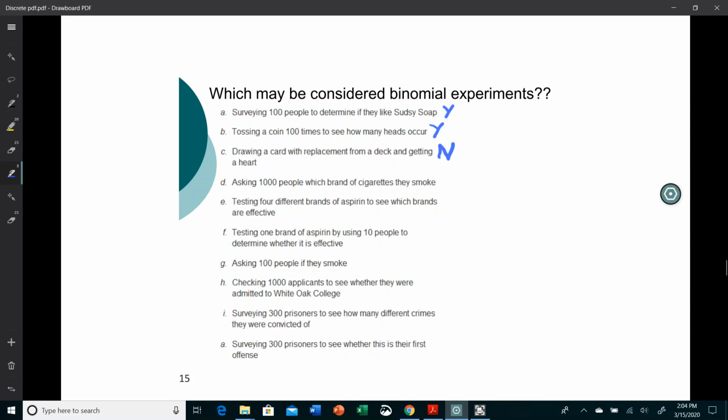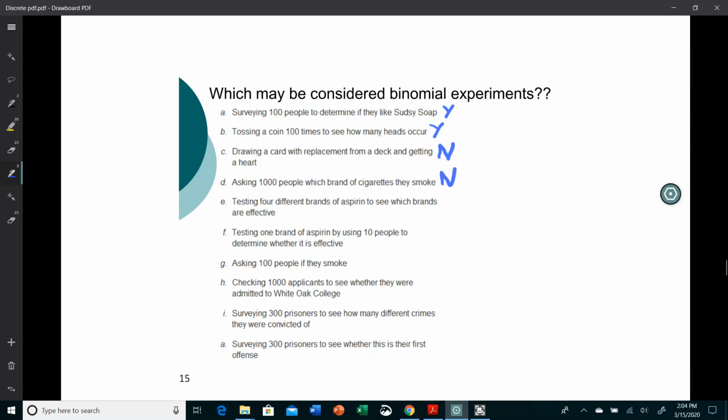I get the fixed number of trials because that's the 1,000 people. And independence, yes, because they wouldn't be related. There's no connection from trial to trial. But where's the success-failure here? Which brand of cigarettes? This is not a success-failure situation, so this is going to be a no.